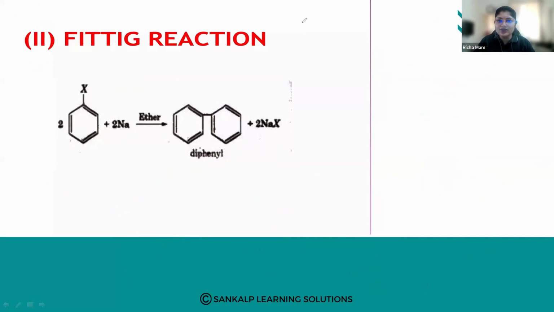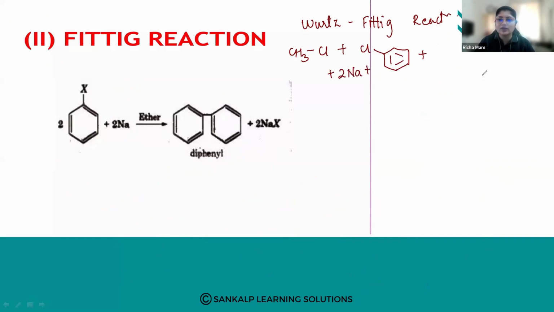So let us see first the Woods-Fittig reaction. For Woods-Fittig, CH3Cl plus the aryl halide plus 2Na, in the presence of dry ether. Give me the answer.